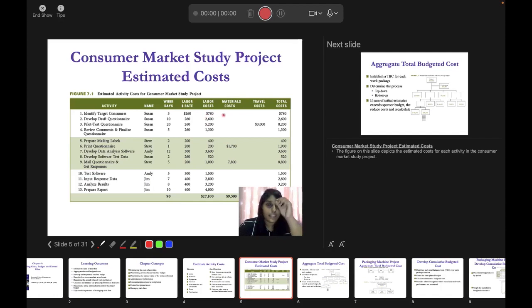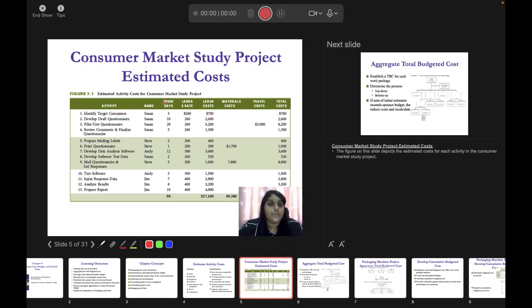If you don't have any material cost or any travel cost here, then you just bring the 780 down to here. Because you don't have any material cost or travel cost, you just bring this number back here.